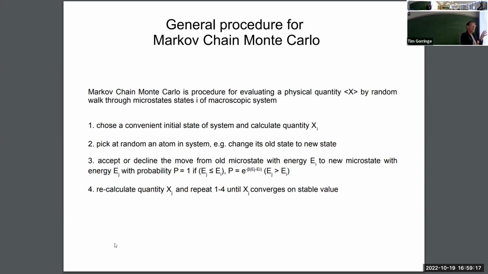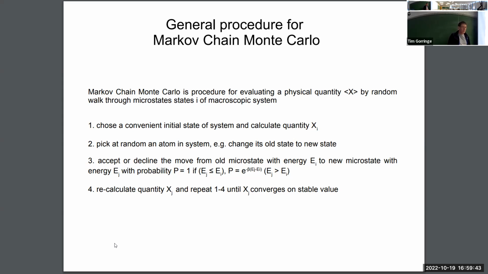Last class it was the internal energy of the gas. In this case, it's also going to be an internal energy we calculate, the magnetic energy. Once we get that, it comes for free with the microstate, so we can calculate the magnetization.